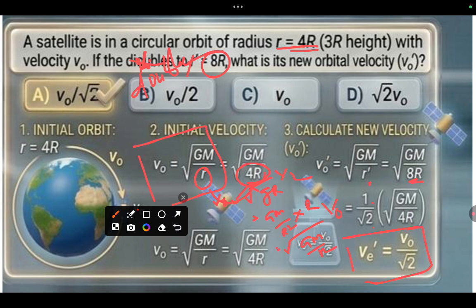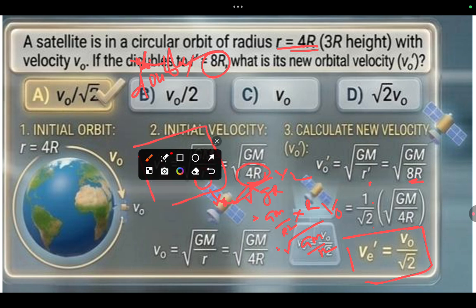So there is the answer. And as we know, the relation between escape velocity and orbital velocity is V equal to root 2 V naught. Clear? So now V naught, how much did we get here?